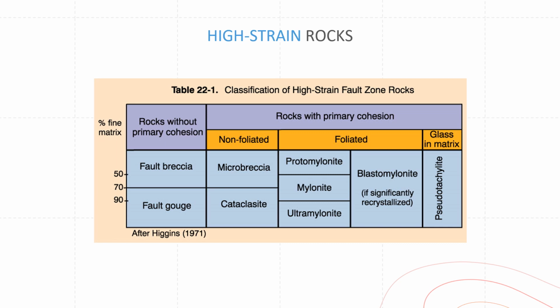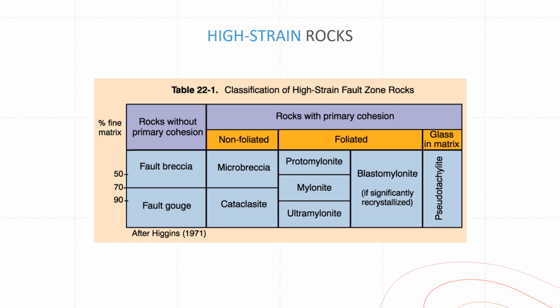So a rock without cohesion could either be a fault breccia or a fault gouge, and these cohesionless rocks are typically restricted to very shallow crustal levels. Cohesive rocks, on the other hand, are further distinguished by being foliated or non-foliated, both of which are usually more fine-grained than the non-cohesive variety.